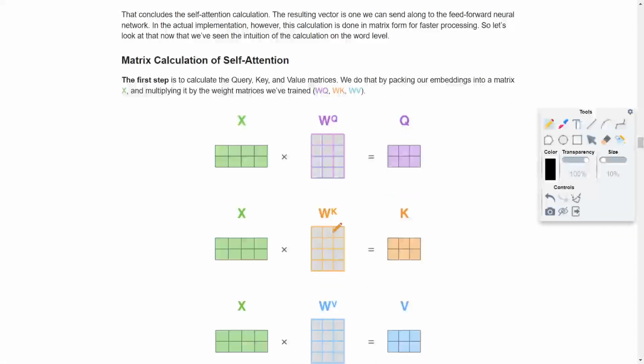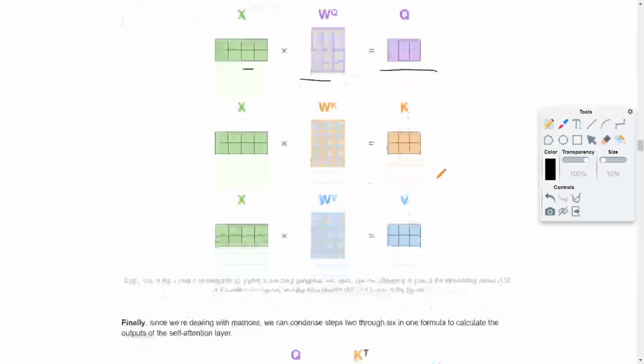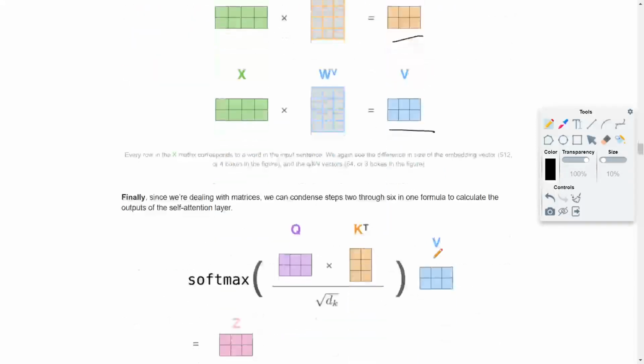And then if we see, like I was telling earlier, we take the word embeddings that we have and multiply them by the weights of the queries, then we get the query vector. Similarly, we get the key vector, and similarly, we get the value vector. Then we tried to find the similarity or the attention of that query with respect to that key.